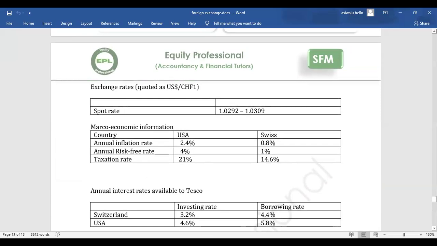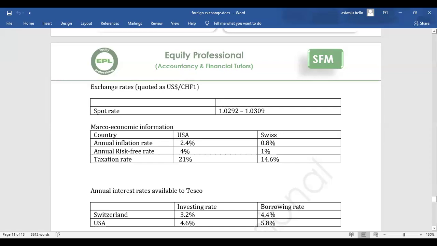Deliberately, we removed the forward rates. We want to use this question to explain that, assuming you are not given the forward rates and you are required to hedge using forward contracts, then the examiner must give information.